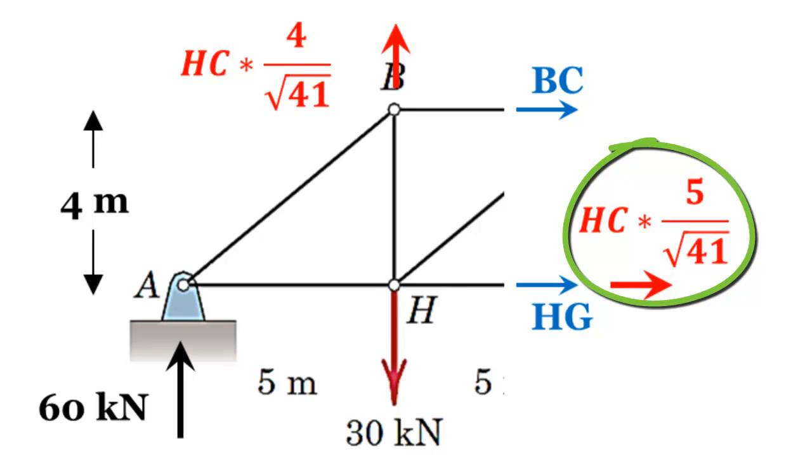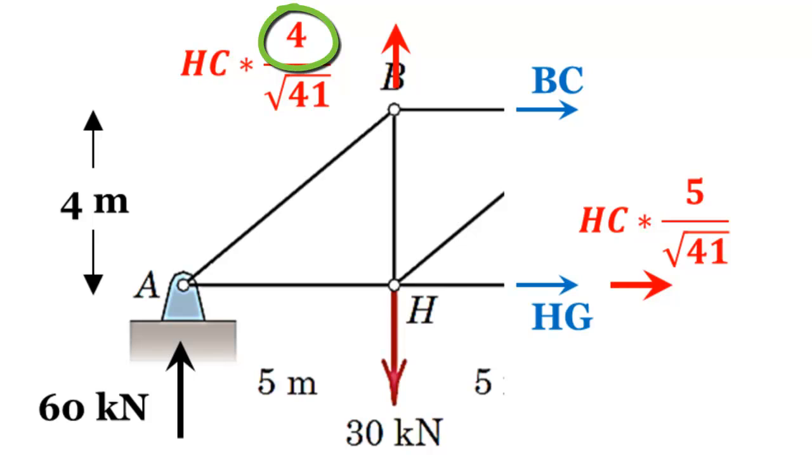And remember, the easiest way to remember this: you take whatever length on the x-axis, divide it by the length L, and multiply it by the magnitude of the force. So we do the same trick for the Y direction. We take the Y length, which is the vertical length, which is 4, and divide it by L, which is the square root of 41, and multiply it by HC.